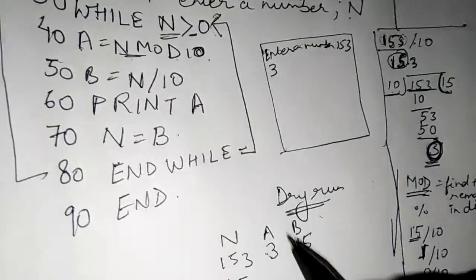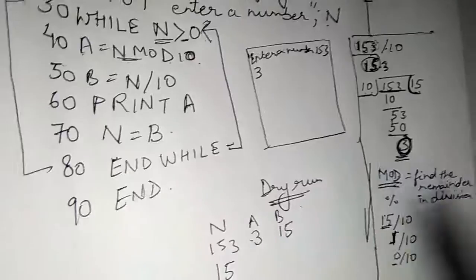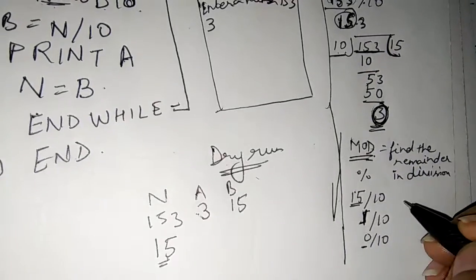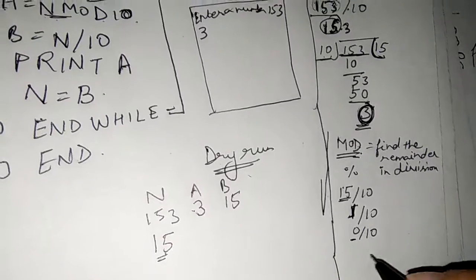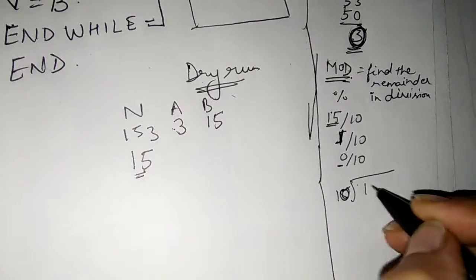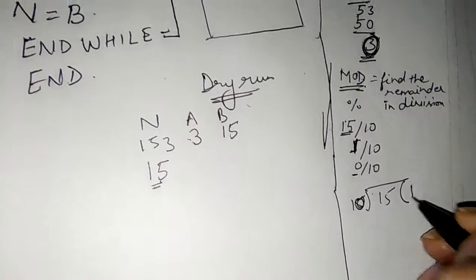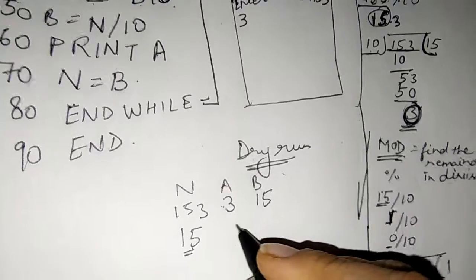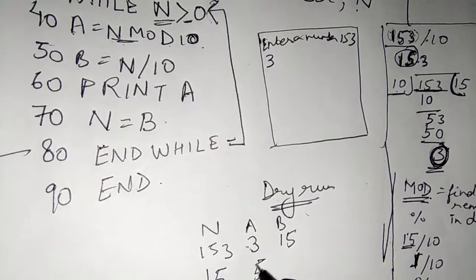That is, after dividing 15 by 10, what is the remainder? Now divide 15 by 10. When you divide 15 by 10, you get 10 ones are 10 and the remainder is 5. Now 5 will be stored in variable a.